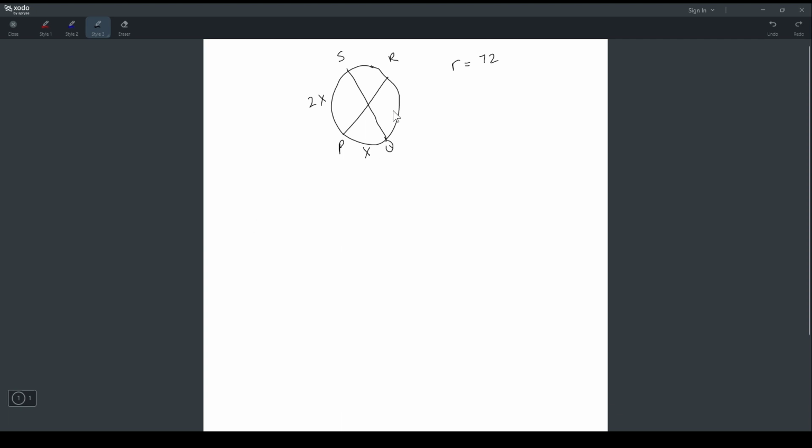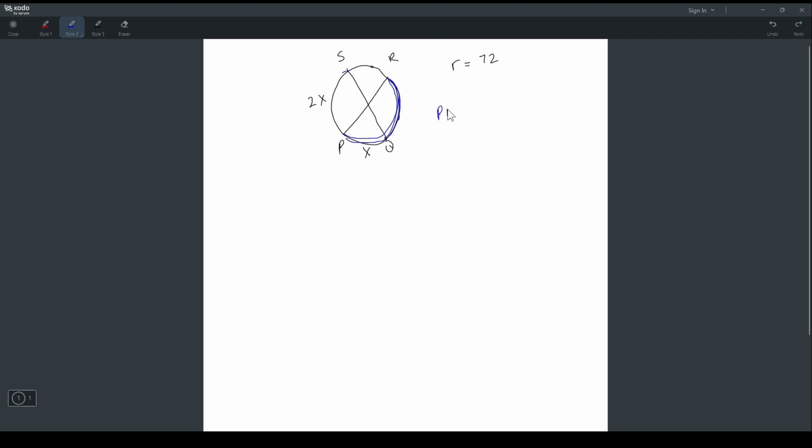Now, what is the length of RQ? What's the length of QR? So they want this, right? And which is this, so PQ is half, right? So my circumference is half.